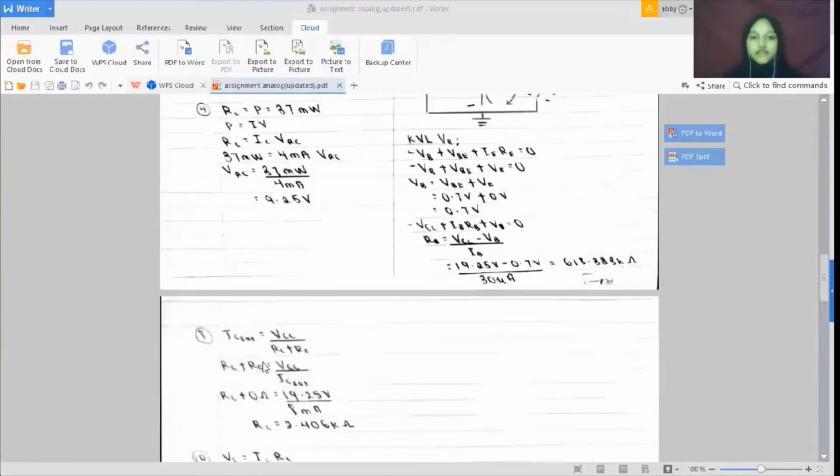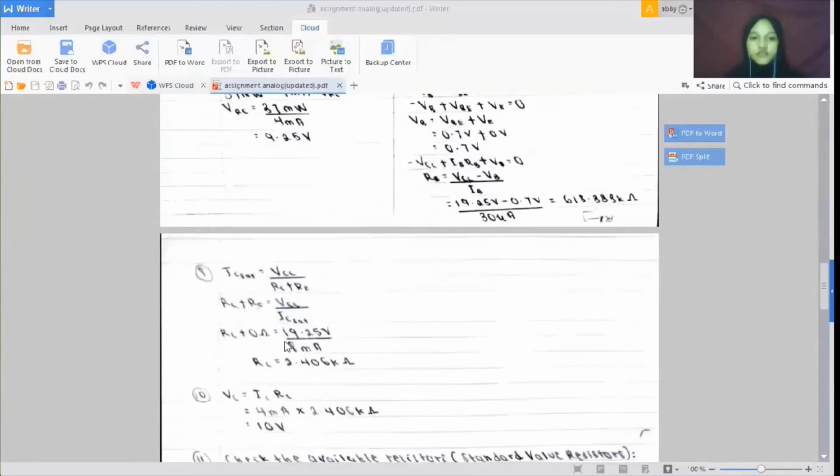And next, we will be searching for the RC value. For the RC value, we will use this equation which we can get in the slideshow for chapter 3. The equation is IC saturation equal VCC over RC plus RE.